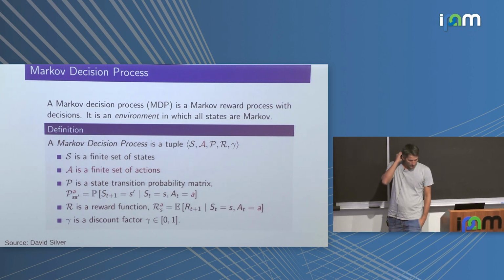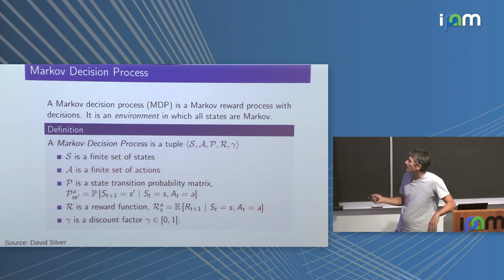So finally we can introduce the Markov decision process. A Markov decision process has a finite set of states, and now you add a finite set of actions. The action in our case would be where to start the simulation from.